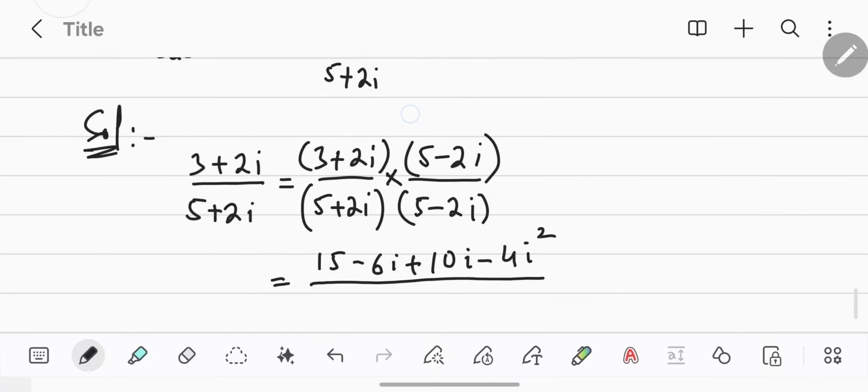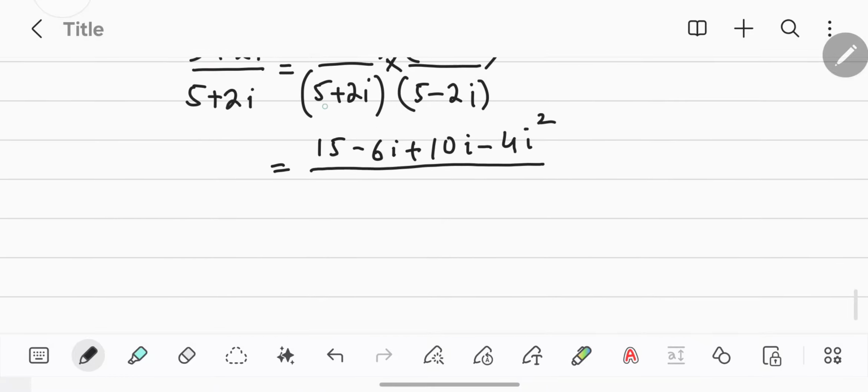Okay? Now I will multiply the denominator with the denominator. 5 times 5 is 25. Then 5 times negative 2 iota, which is negative 10 iota. Then 2 iota times 5, which is plus 10 iota. Then 2 iota times minus 2 iota, which is minus 4 iota square. Okay?